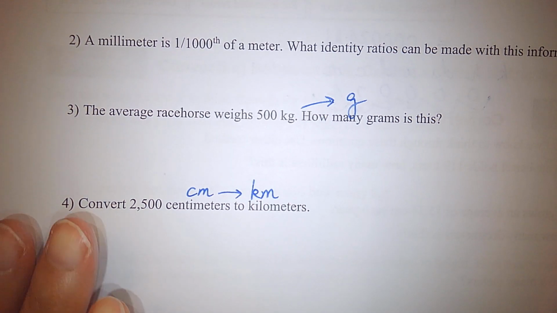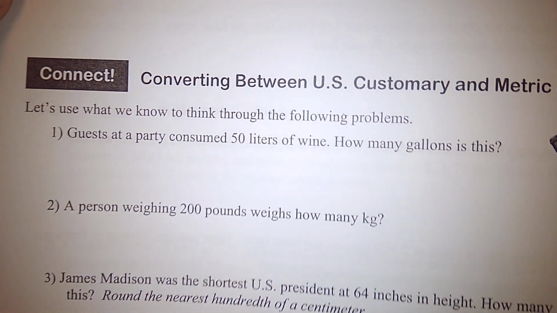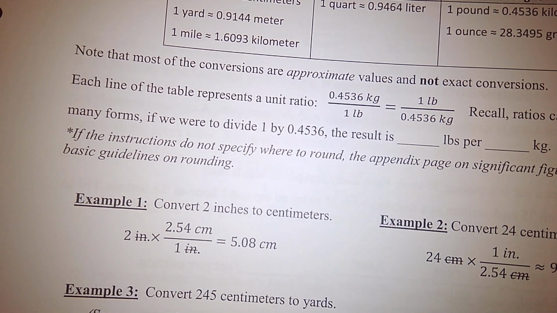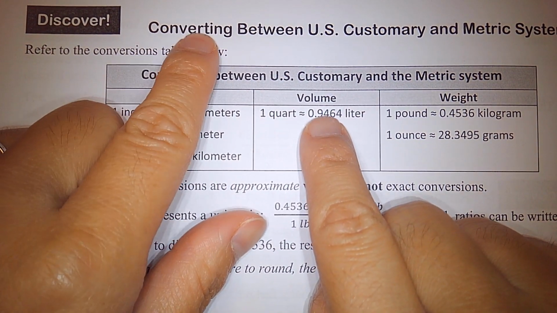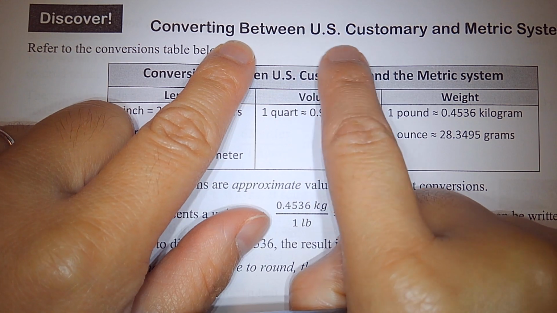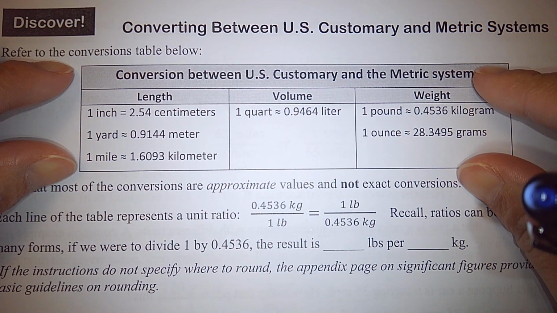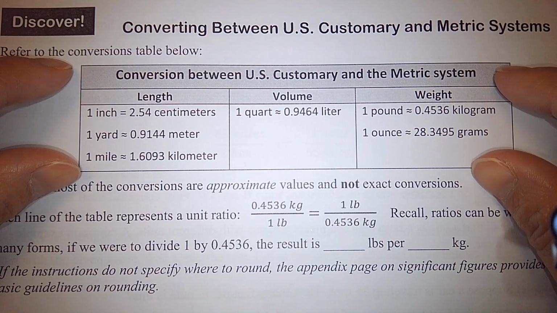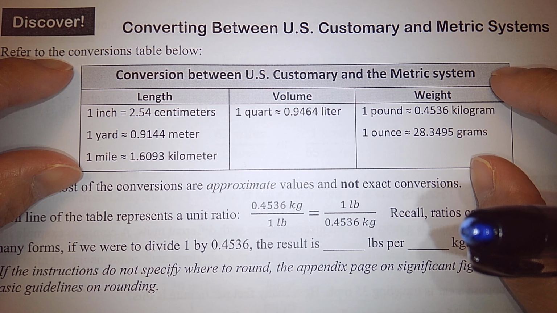Okay, so this is this method, metric system, moving decimal point method. On page 163, when we're converting between the US system and the metric system, this is a table, and there will be only one way to do the conversion. There's no moving decimal point. There will only be what?